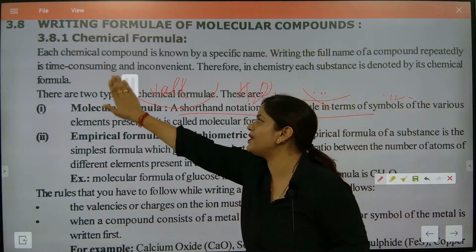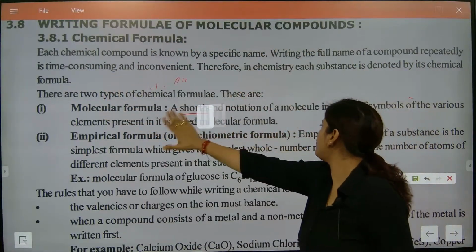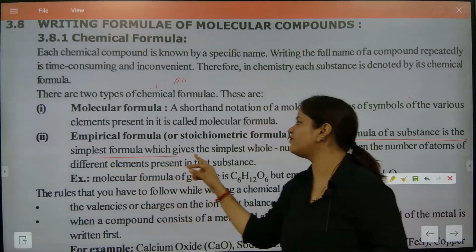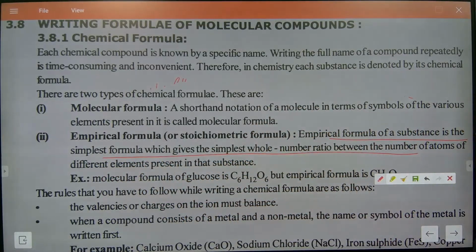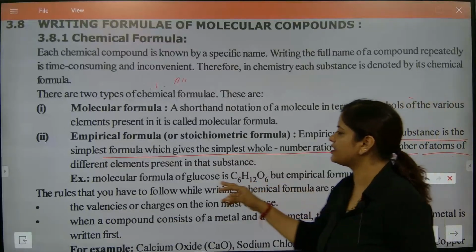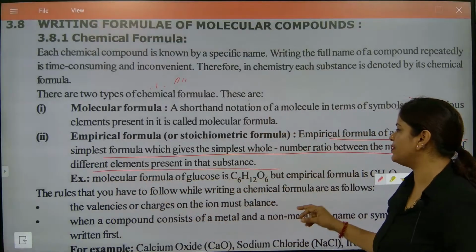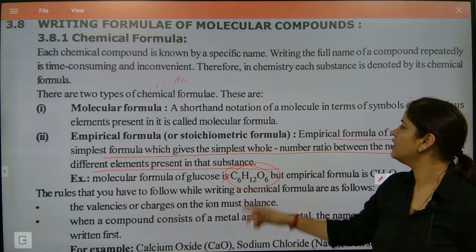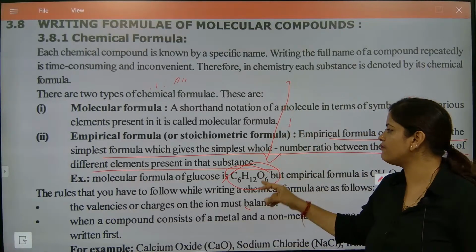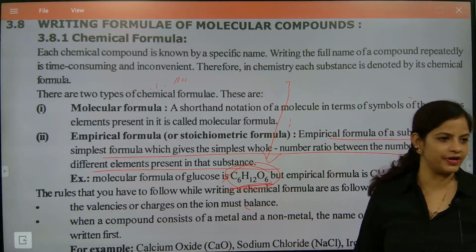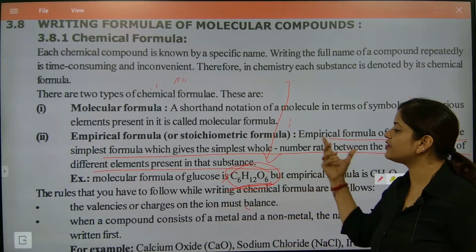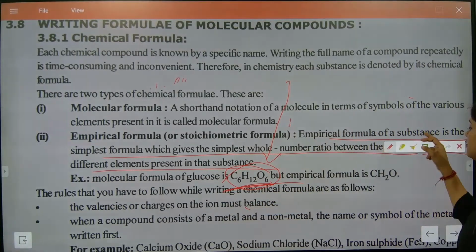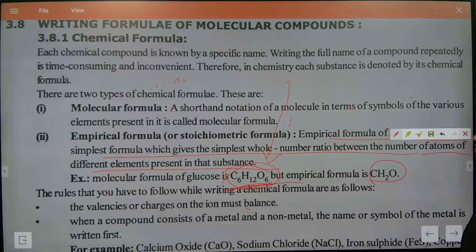Now, the empirical formula. The empirical formula of a substance is the simplest formula which gives the simplest whole number ratio between the numbers of atoms of the different elements. So this is considered the empirical formula. So the empirical formula is CH.